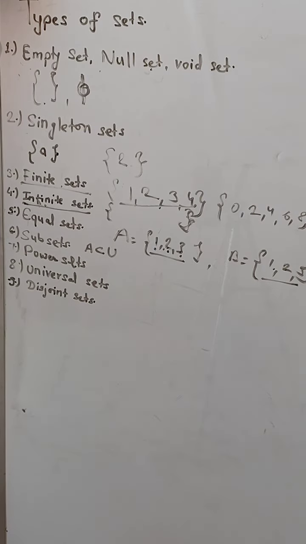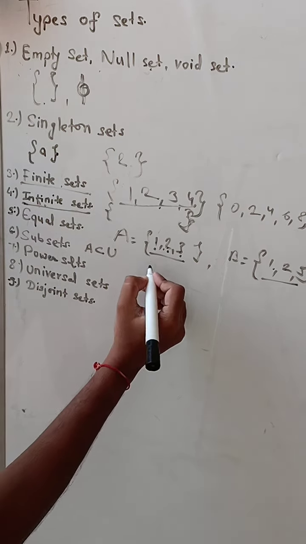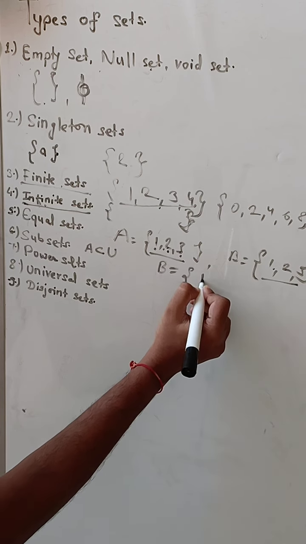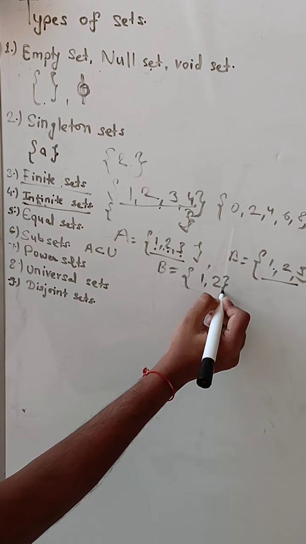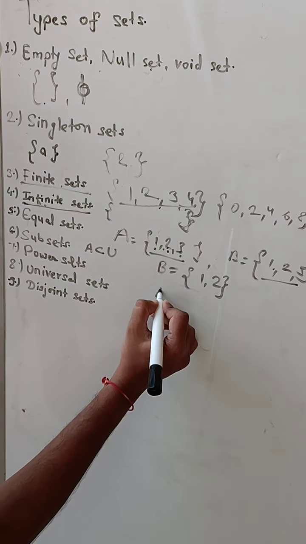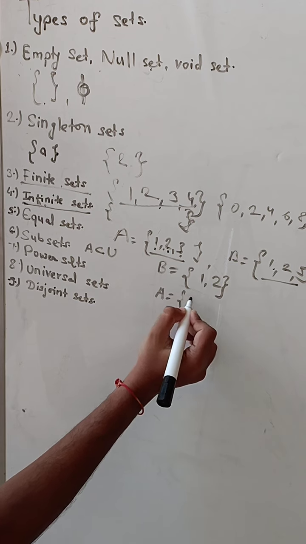Okay. And what is a subset? A subset is a set that is a small set of a big set. You can think of it like this. For example, if you have set B with the elements 1, 2, then what would be the subsets of B? First, you can think of {1}.